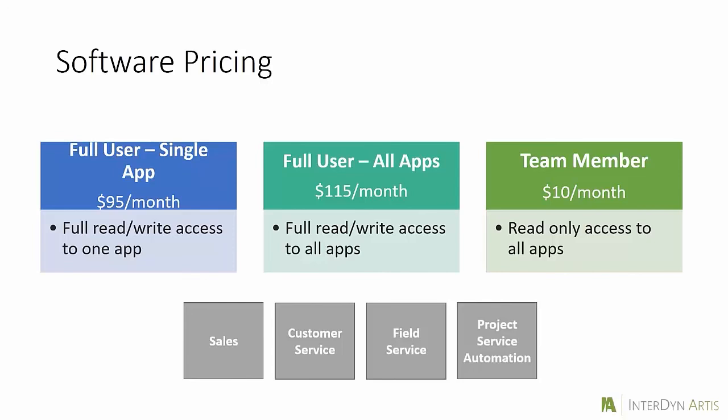But an individual user access to an individual app is $95 per month. And if a user needs access to multiple apps, it's $115 for what they're calling a plan. And then if it's somebody that just needs limited or read-only access to the system, those are team member users, and they're only $10 a month. So not a bad bargain for those folks.